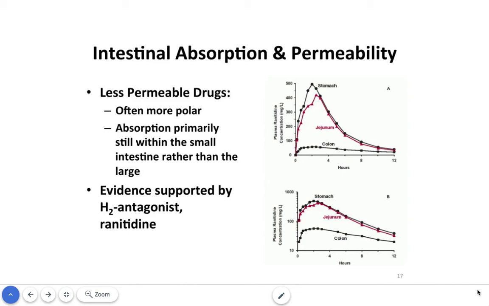So in this study, they gave ranitidine to human subjects through a nasoenteric tube, where they were able to follow the site where the tube was depositing ranitidine through a camera attached to the tube.